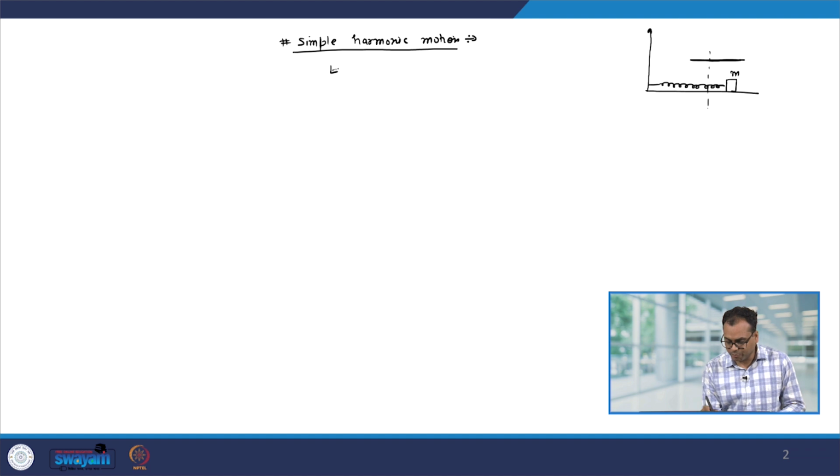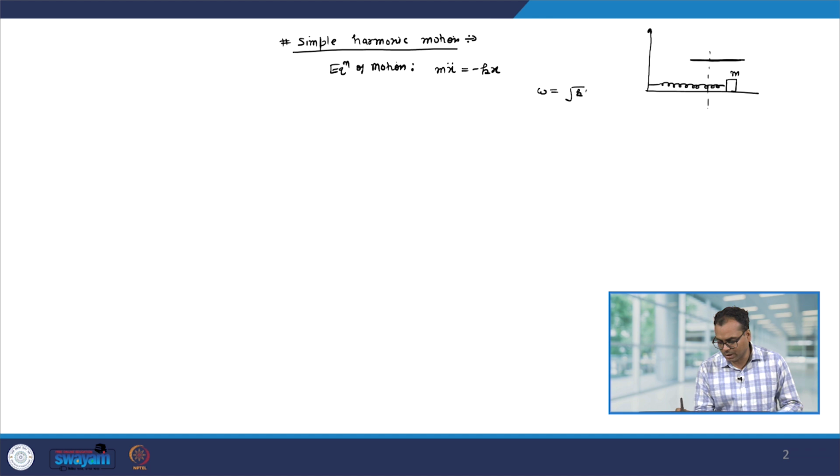So, the equation of motion of the mass m was m x double dot equal to minus k x. Then we define a quantity omega equal to square root k by m. Then the equation becomes x double dot equal to minus omega square x.